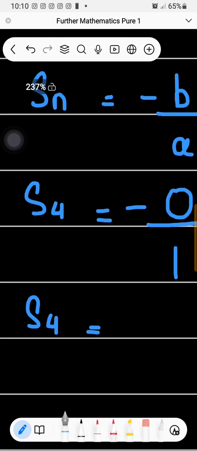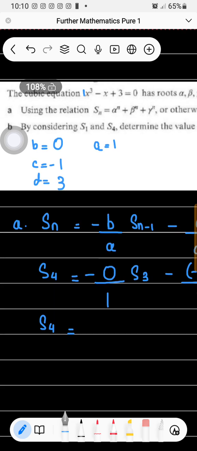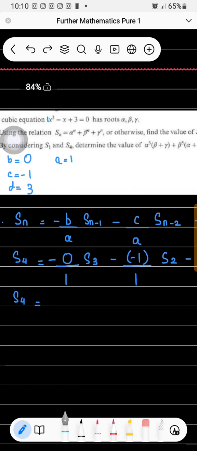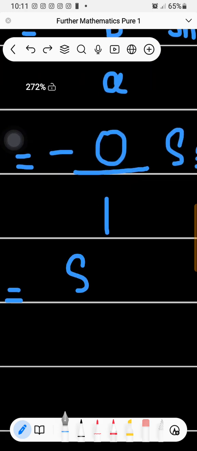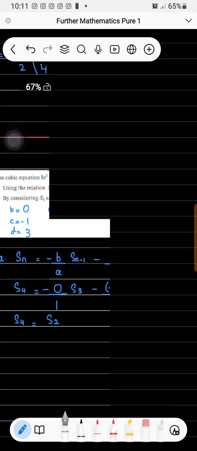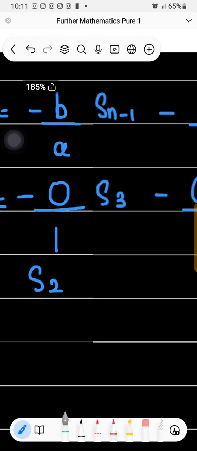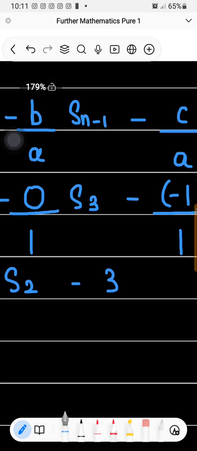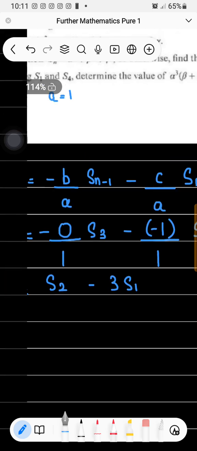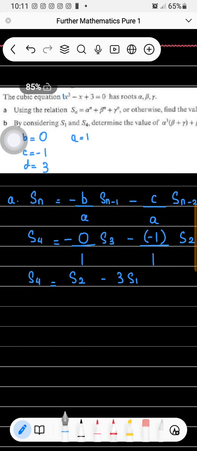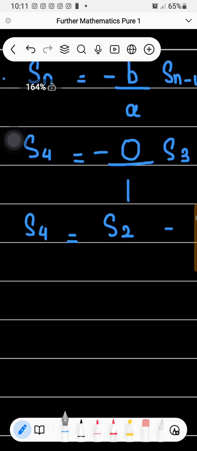S4 is equal to, this term becomes 0. And minus 1 will become positive 1, meaning S2, then minus 3S1. This is our formula to find out S4. So for this we want S1.